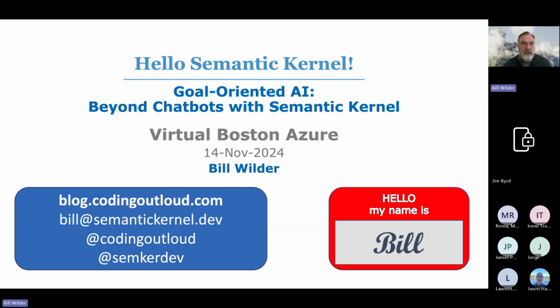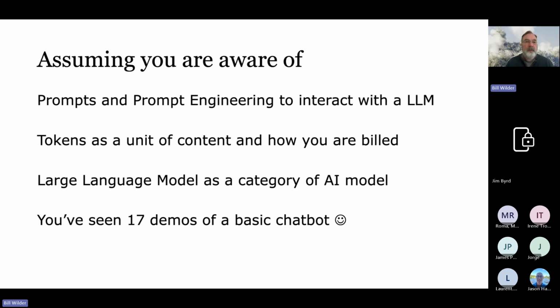I think you've all seen the chatbot demos, or you've used ChatGPT and so forth. Fantastic use case in a lot of scenarios, but this is a step up in power. I'm going to do my demonstration in C# in a console app using Semantic Kernel. I'll have a slide at the end where I show where I'll post things, so you can get access to the slides and the code later.